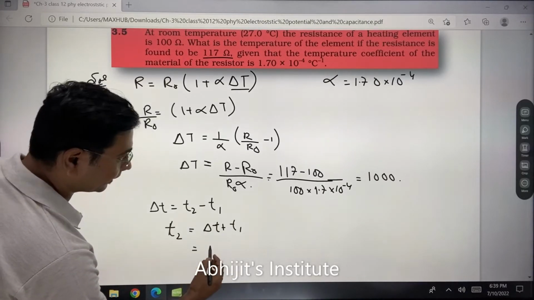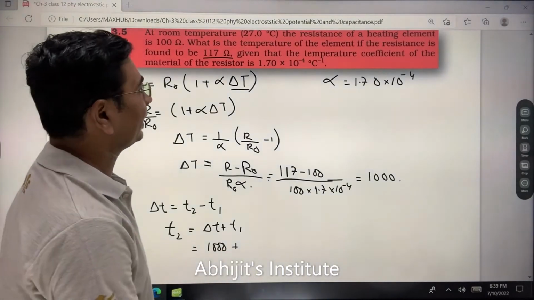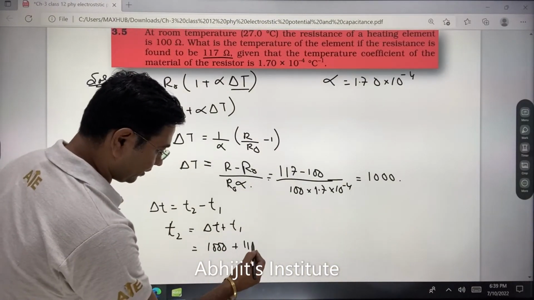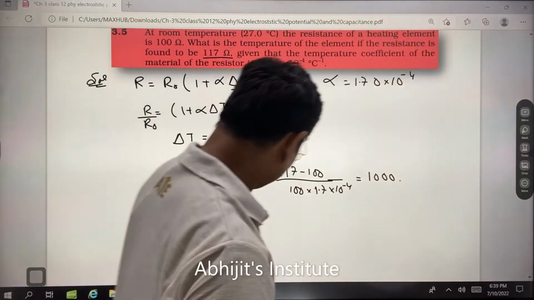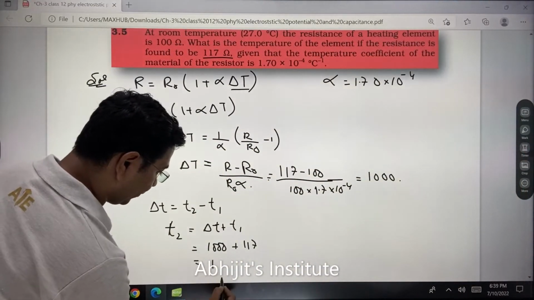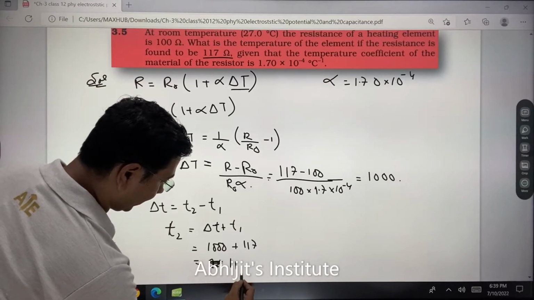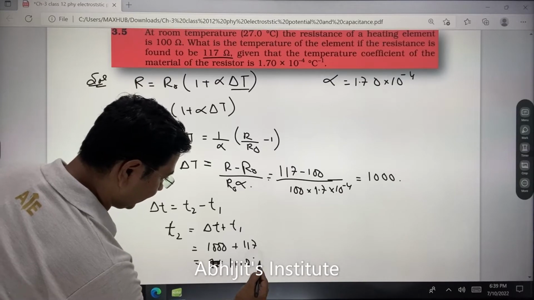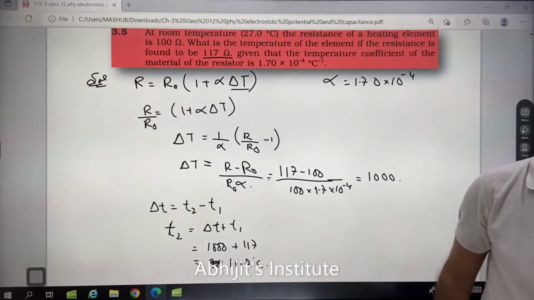So पहले मेरा कितना था? मैंने अभी आया है difference in temperature, और पहले मेरे पास कितना था? So just add it, you will get your result. So this is 1117 degree centigrade. So this will be the answer. You can check it out.